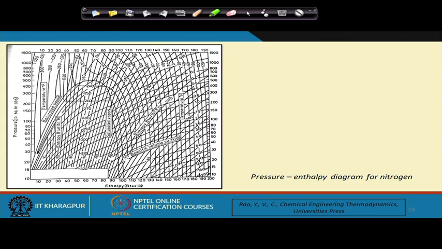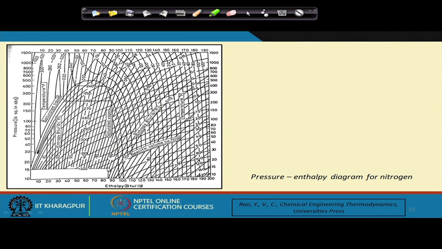Apart from the generalized equations of state or the generalized compressibility factor charts, we also have some particular figures, some particular tables in order to find out or predict the thermodynamic properties. One such common table is the steam table, which you are already aware of. There are certain other charts also available for finding out the properties, particularly enthalpy and entropy, instead of going through the detailed calculations that we have said.